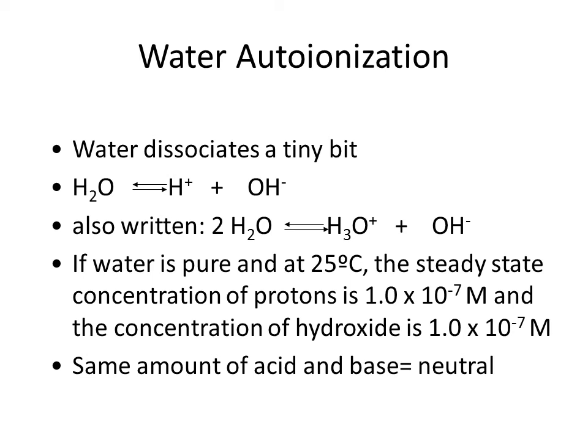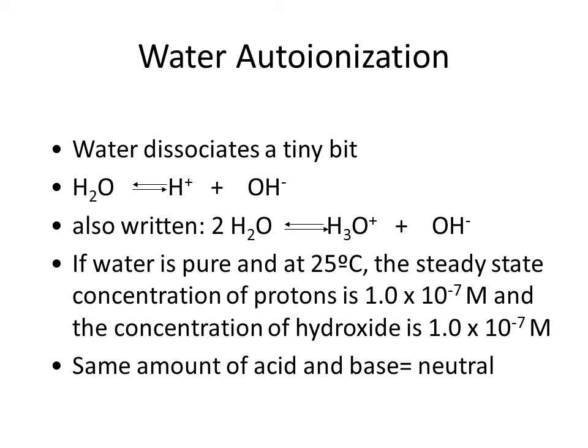However, this is a much more complicated equation, and it's much simpler to look at the first one to understand what's going on in water. So I'm going to be using that equation to explain what we call the autoionization of water.